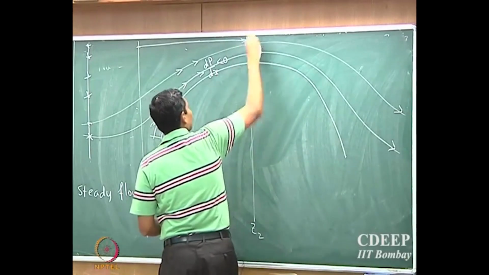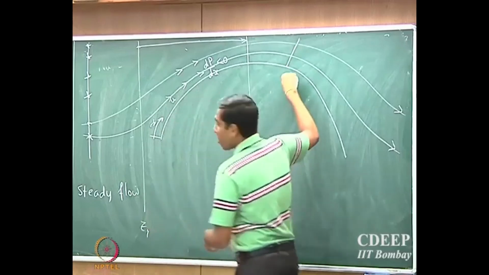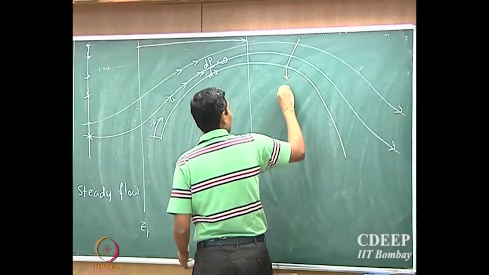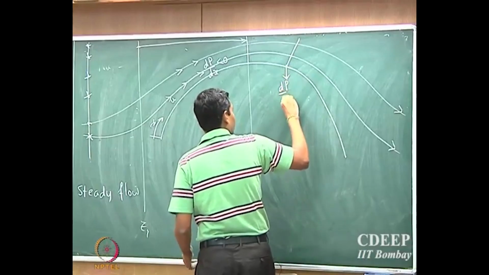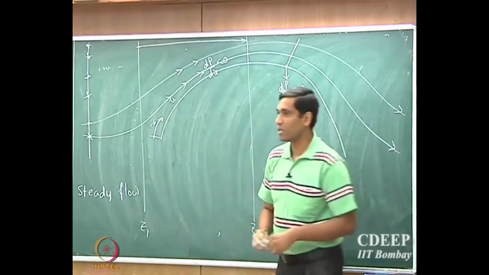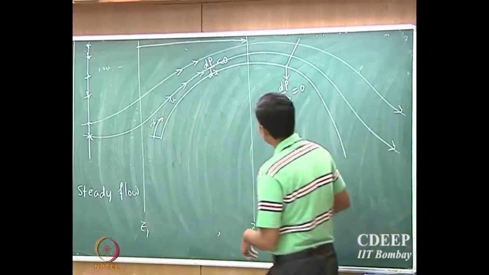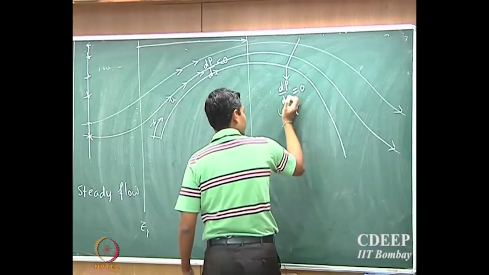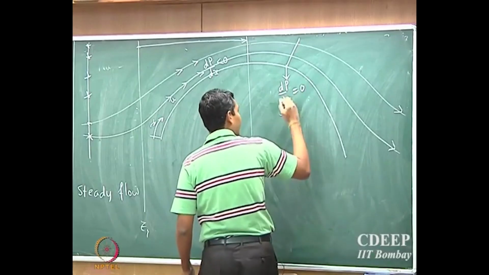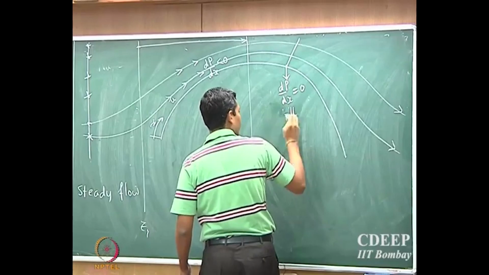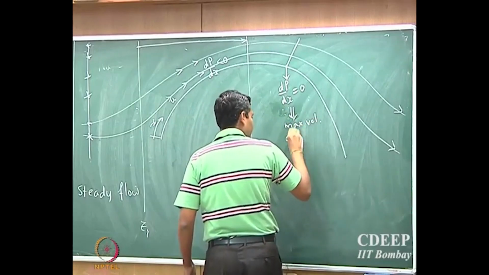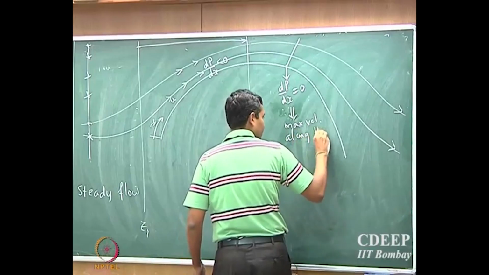So at some location, let's say at this location, though it's not always at this location, the pressure gradient will go to 0. That results in the maximum velocity. So this corresponds to the maximum velocity along the curved surface.